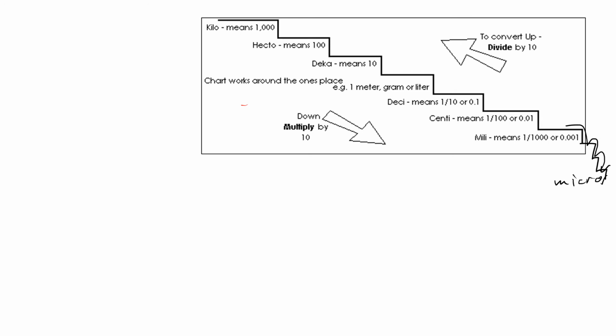MCG is micrograms. Micro is abbreviated MC. Milli is abbreviated M. Or you'll sometimes see the very old school medical professional will abbreviate it the Greek letter mu. This is falling out of favor mostly because nobody knows how to write the Greek letter mu, myself included. So micro is generally abbreviated MC.